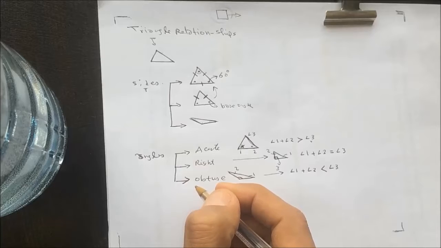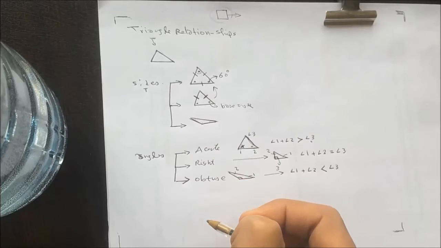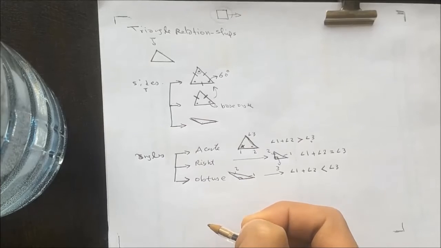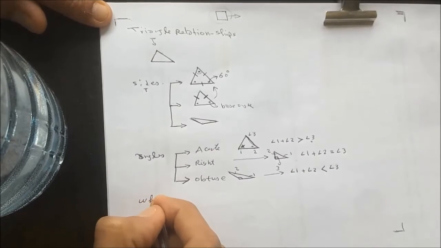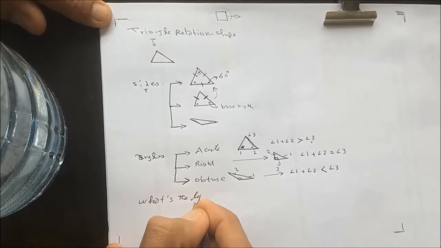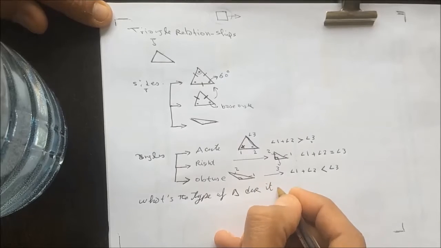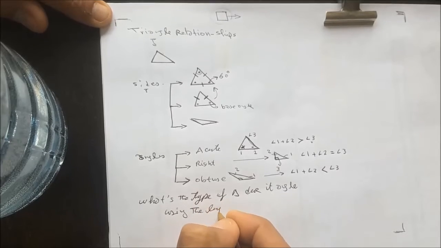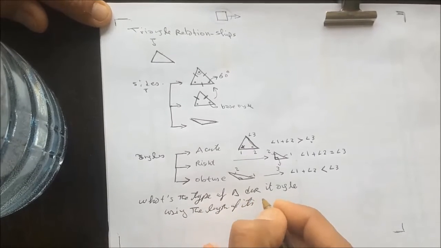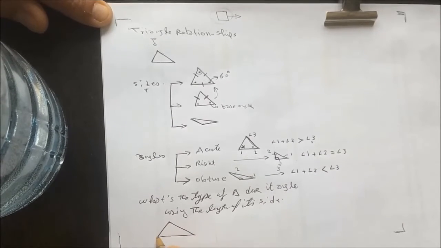This is the way to know the type of this triangle due to its angles, using rules like this. I can also use the side lengths to get the type of the triangle. So if I asked you what's the type of triangle due to its angle using the length of sides, for example, this is a triangle, length 1, length 2, length 3.